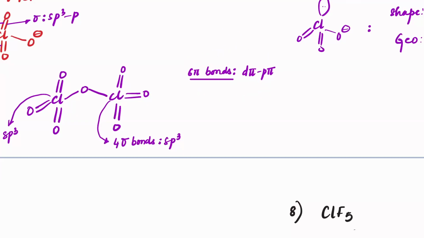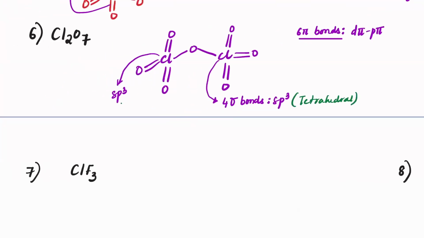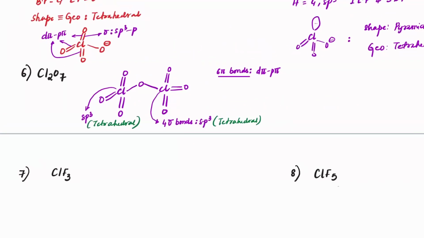Okay. So geometry is always defined with respect to one center, not two centers. With respect to this center, it is tetrahedral because there is no lone pair. For hybridization, the geometry and shape will be the same. Here also it is tetrahedral. So in case the skeleton of the molecule is given, then also you should be able to guess the hybridization, number of lone pairs, number of bond pairs, type of pi bonds, type of overlapping.